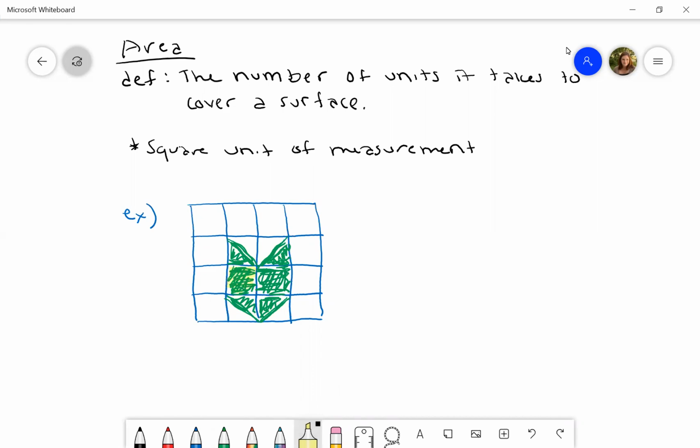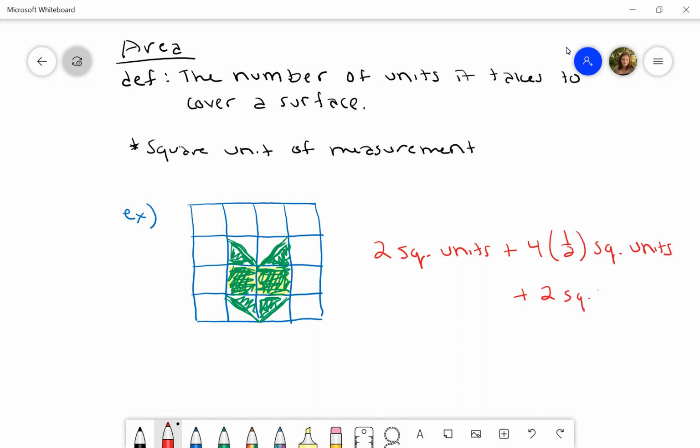And so clearly, the two that are already filled here in the center, these two right here, would count for 2 square units. And then the other squares are half covered. So each of them would be half a unit. So we would have 2 square units plus an additional 4 half square units, which really ends up being 2 square units as well, because if we put those 2 triangles together, they form a square.